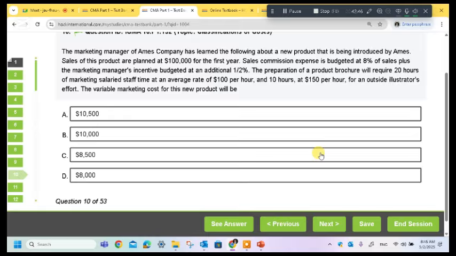The preparation of a product brochure will require 20 hours of marketing salaried staff at an average rate of 100 per hour and 10 hours at 150 per hour for an outside illustrator's effort. The variable marketing cost for this new product will be 8,500.